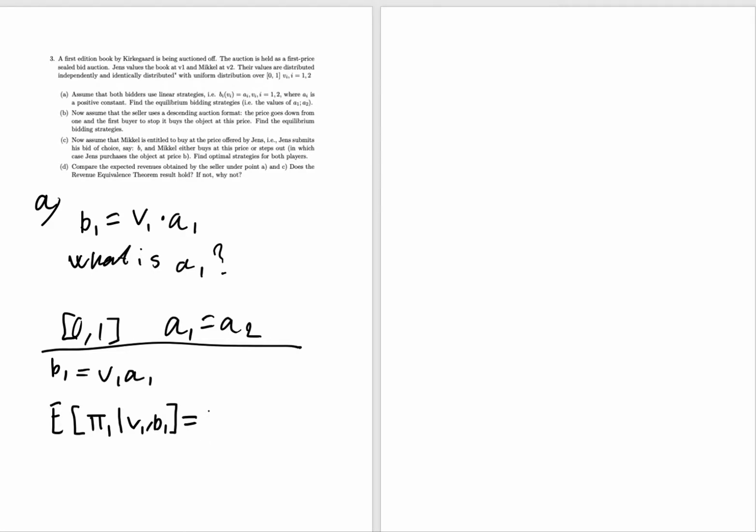So for this, we have the profit, which is the difference between how he evaluates the object and how much he bids. Because if he wins it, he's going to be paying his own bid.